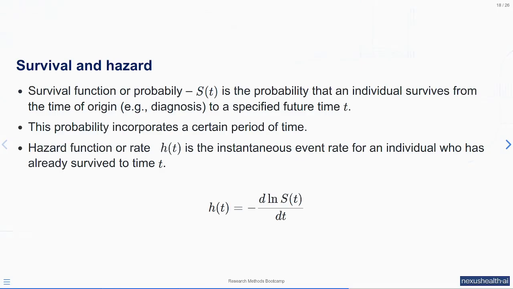So given that the individual has survived to time t, what would be the event rate at that time t? That is what is known as the hazard function, represented by h(t). So h(t) is given to us as the negative derivative of the natural log of the survival function.